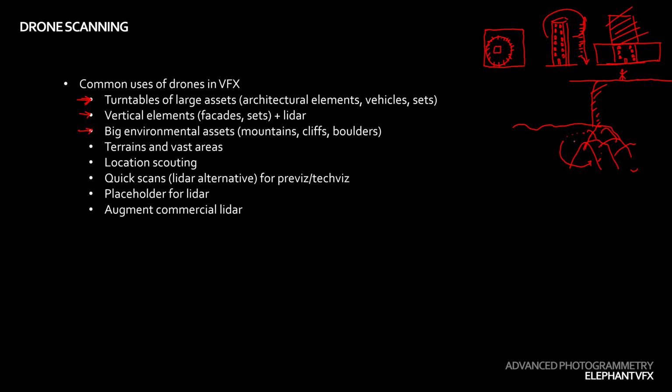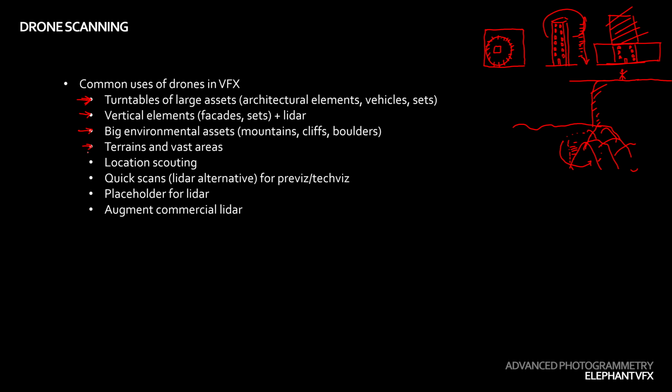But we might be able to do, let's say, like 200 degrees or 220, something like that. And then we can combine that with a vertical scan, so we can scan the face of the mountain very well. So big environmental assets usually take more time because of that, because most likely we need to do like 2 or 3 passes combining different methods. All right, great.